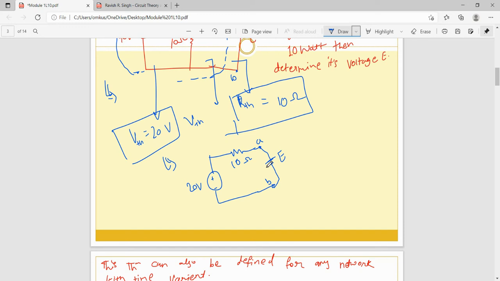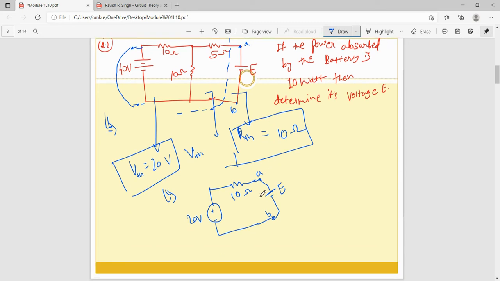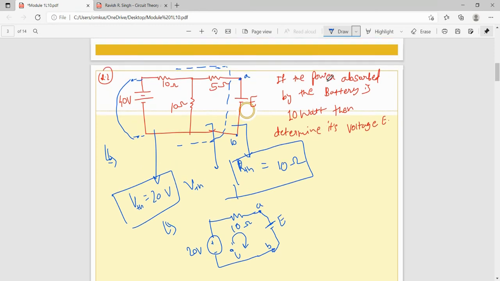Now, for using Tellegen's theorem, you need to find out first the value of current in that circuit, right? So for finding the value of current, now see, this is a 20 volt. So I assume the direction of current this. Now here one condition is given to you: power absorbed by the battery is 10 watt.